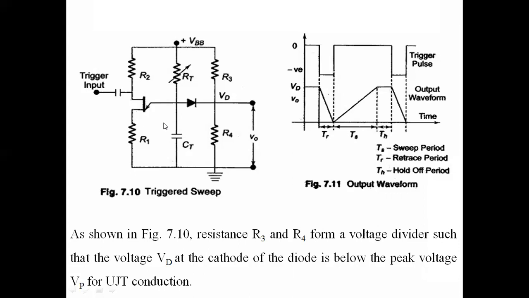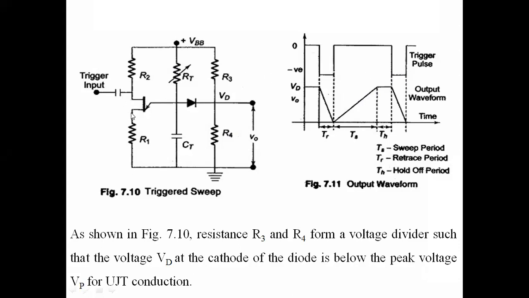When it is off, the capacitor starts charging again until it reaches the VD value. After reaching the VD value, it holds that particular voltage, the voltage drop across VD. After that, if you apply the negative trigger pulse again, the voltage at V1 of the UJT decreases.